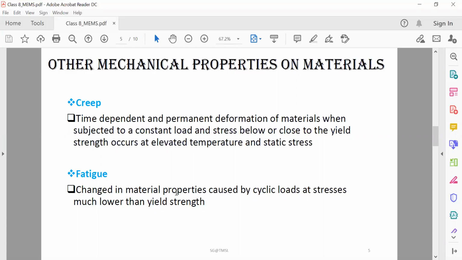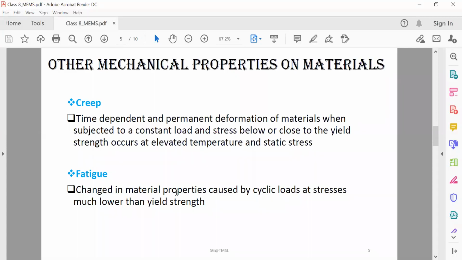So these are various kinds of mechanical properties: the axial stress, the shear stress, yield strength, brittle, ductile, creeping, fatigue. Once you take care of these, you can go for the design of any microstructure using silicon material, or any other single crystal, or even metal or metal alloys.